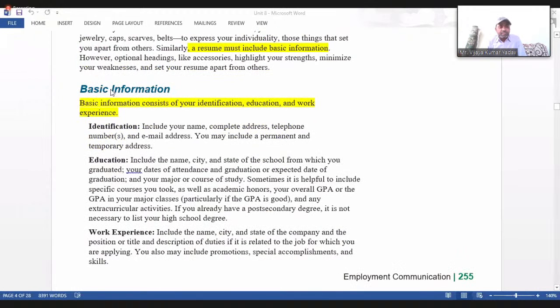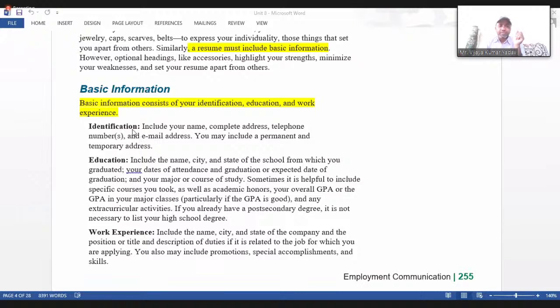And what is the basic information? Your basic information consists of your identification, your education, your work experience. This is the basic information that you can include in a resume. Your identification, your education, and your experience. These 3 points come in basic information in a resume.